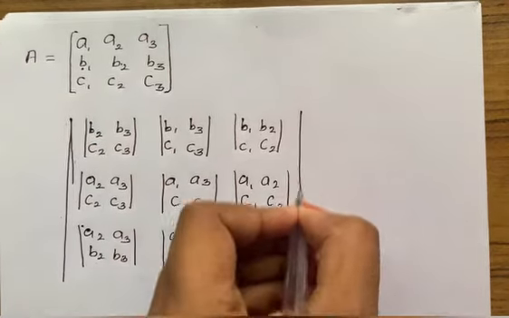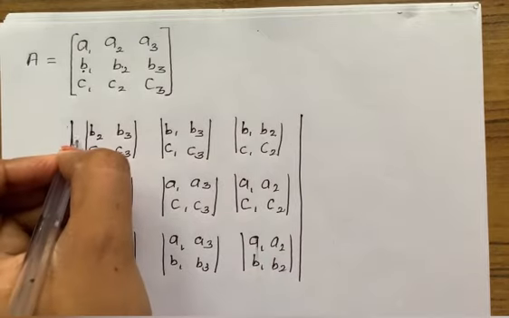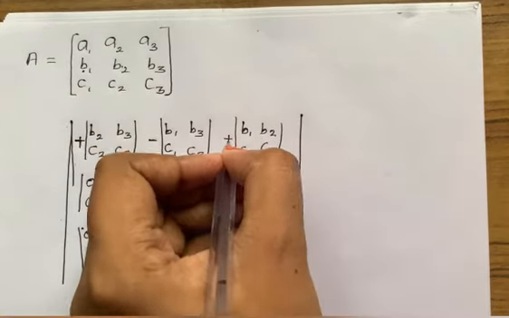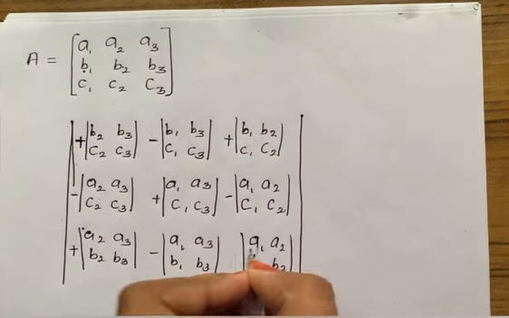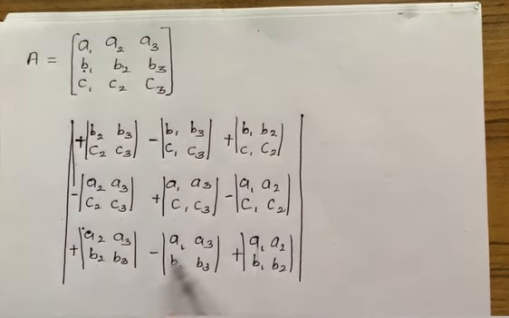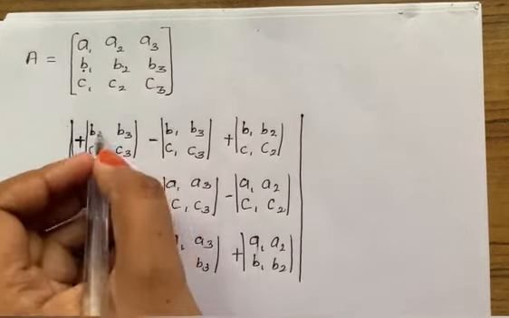Okay, these are the cofactors and we have to find them with signs, no? So that is plus minus plus, minus plus minus, plus minus plus.